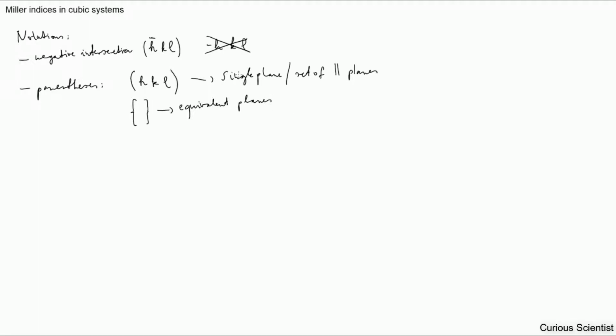So if you see, for example, 1 0 0, then in fact that is 6 planes in total.